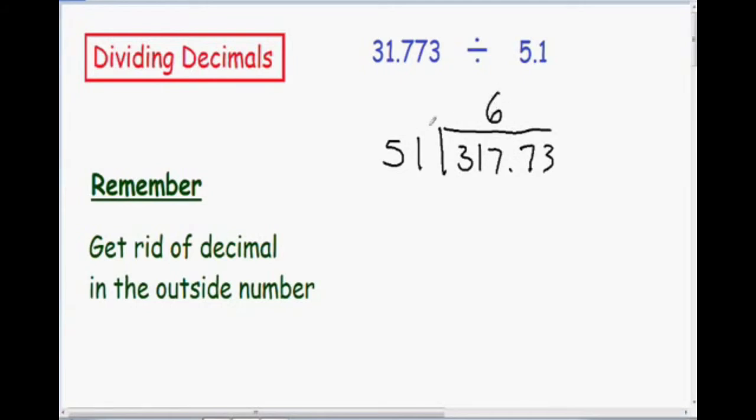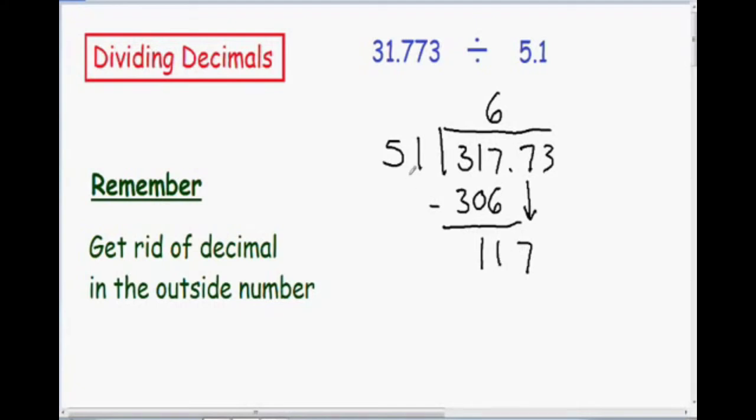So now if we multiply the 6 times 1, we get 6, and 6 times 5 is 30. And if we subtract the two numbers, we get 7 minus 6, which is 1, and 1 minus 0, which is just 1. And I'll bring down my 7. So 51 goes into 117 how many times?